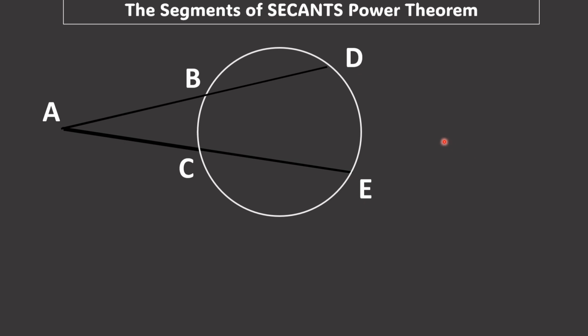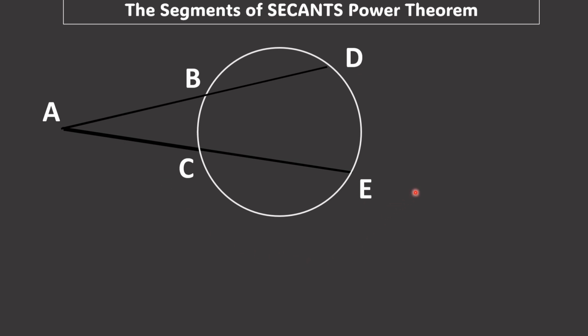This power theorem states that if two secants intersect in the exterior of the circle, then the product of the length of one secant segment and the length of its external part is equal to the other secant segment times its external part.